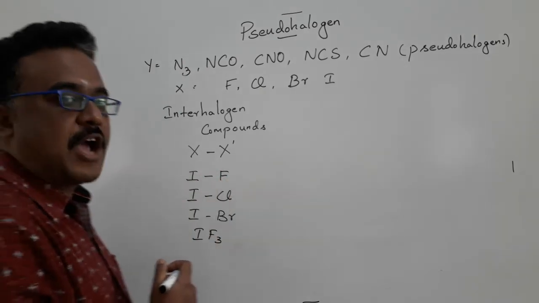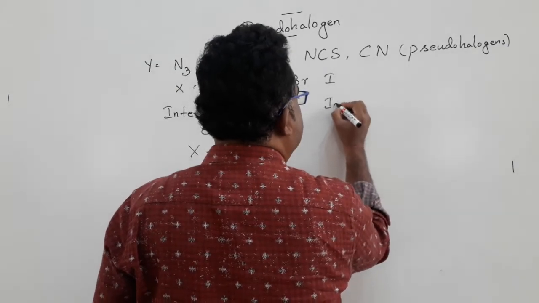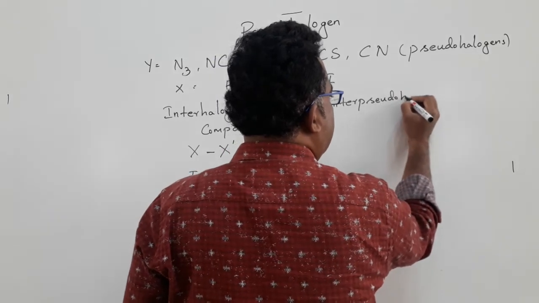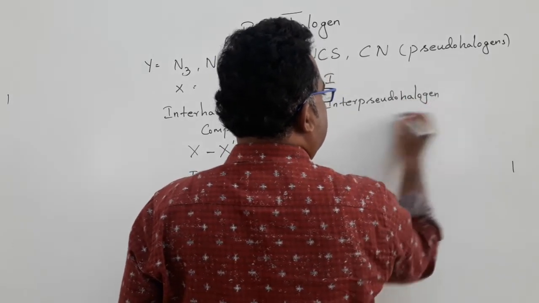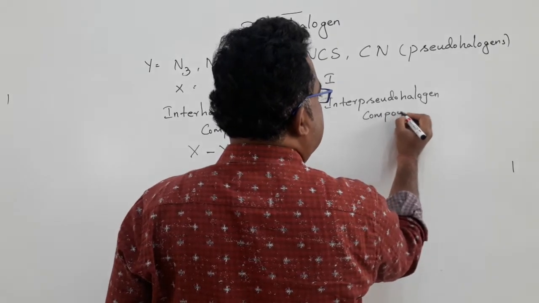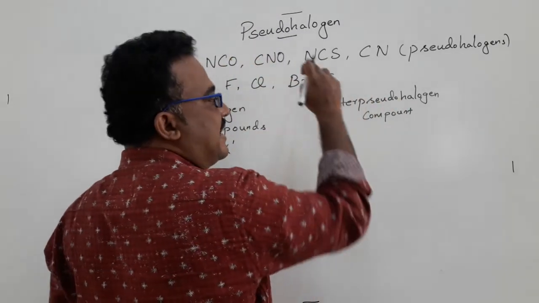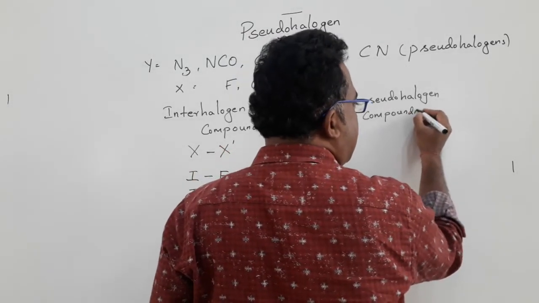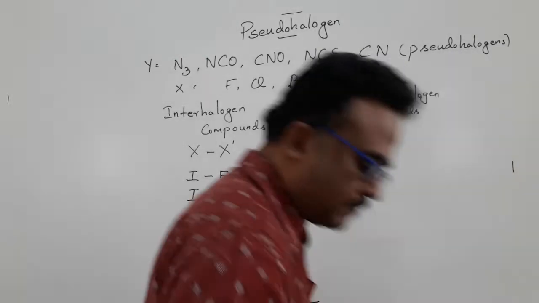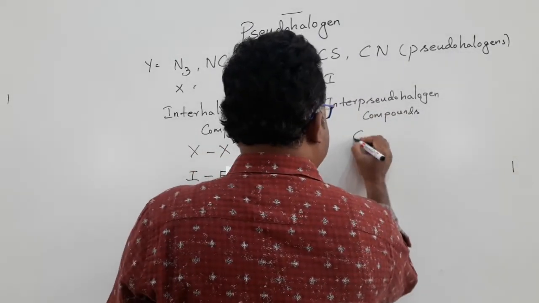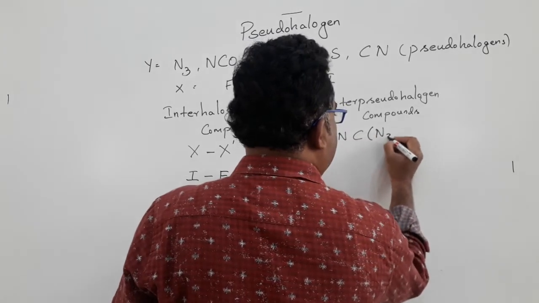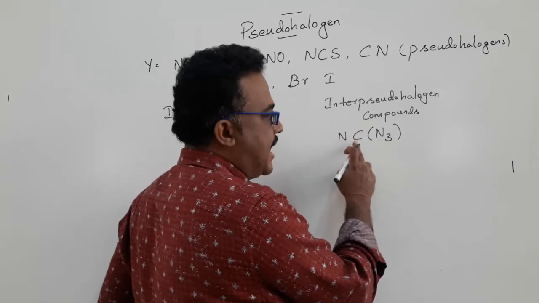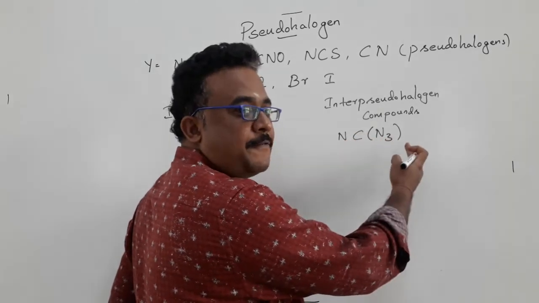Similarly, we also know inter-pseudo-halogen compounds. That means these inorganic ambidentate ligands have the ability to form such inter-pseudo-halogen compounds. For example, CN N3. Here CN is one kind of pseudo-halogen and N3 is another kind of pseudo-halogen.